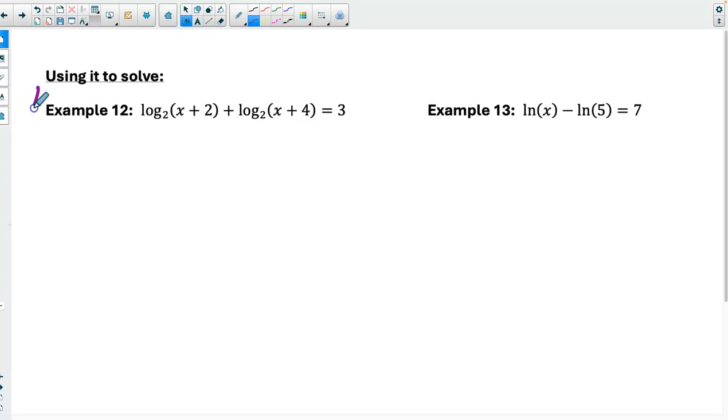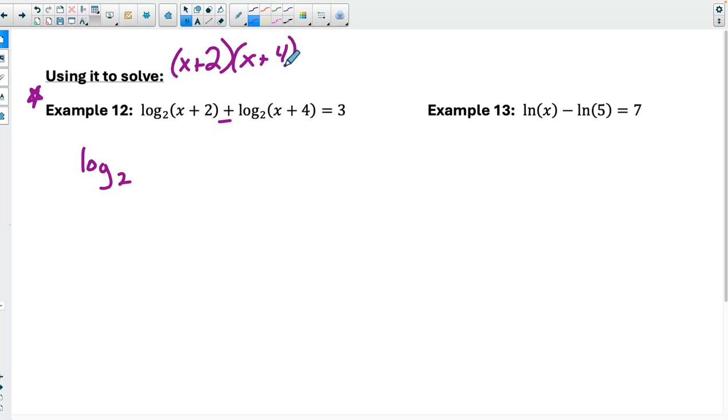This is back to example 1. It's example 12 for you. We just wrote it twice for you so you don't have to flip back. So example 1, how do we solve that? Well, what's this plus sign telling us to do? Yeah, you gotta multiply these two things together. So I'm going to have one log, I'm going to have log base 2, but I have to multiply those two things together to get my argument. You've done this for a while now. So x plus 2 times x plus 4. Let's double distribute that.